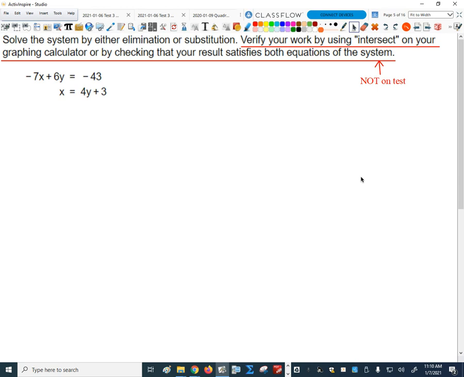Elimination? Well, we always could, but it's a lot more work in this case. The answer is substitution, but can you tell me why? I'm not sure. Okay, that's all right.